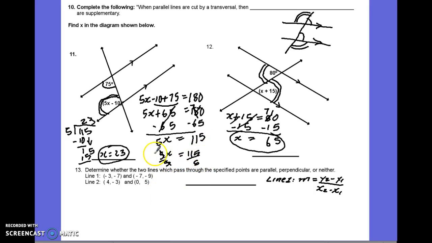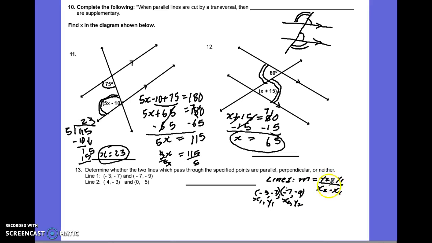So for line 1, I'm going to call these my 2's. -3, -7, -7, -9. So I'm going to call these my 2's. This would be my x2, y2, in which case these would be my 1's, x1, y1.